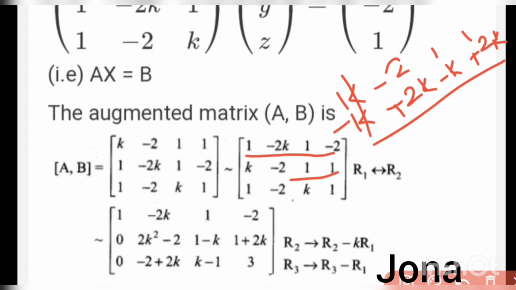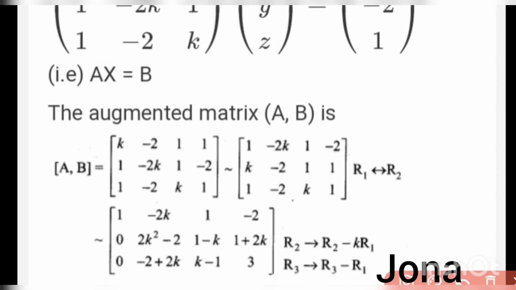In this place it is 0, and then 2k squared minus 2, and here it is 1 minus k, and here it is 1 plus 2k.